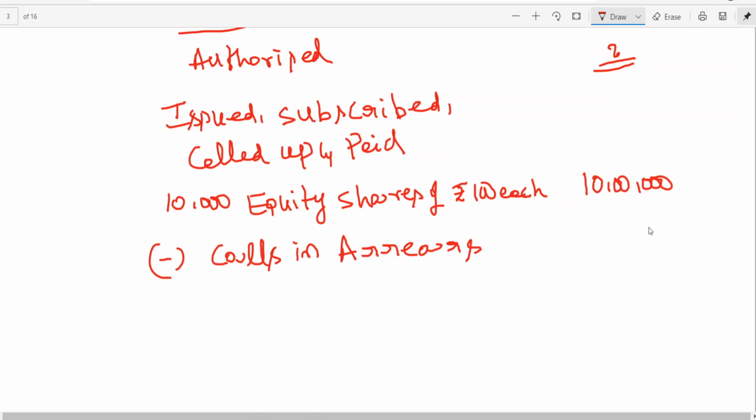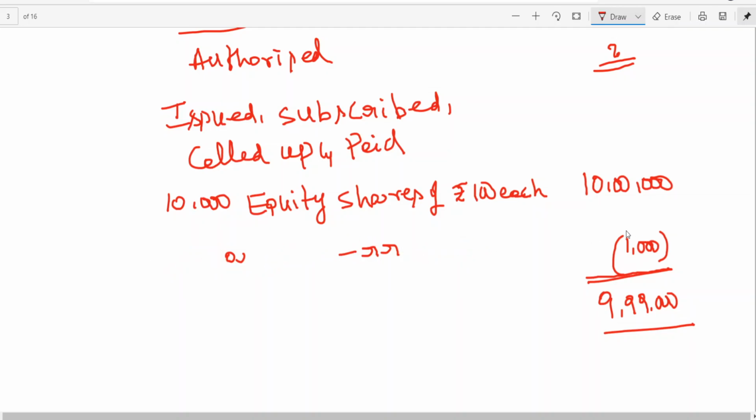Calls in arrears. What is calls in arrears? 1,000. 10 lakhs minus 1,000 is coming to 9 lakhs 99,000. But here, what will we be writing? Just a minute. I think we got one piece of information on this: issue of shares including 2000 shares for consideration other than cash. I think that disclosure we should write first, then we can deduct.